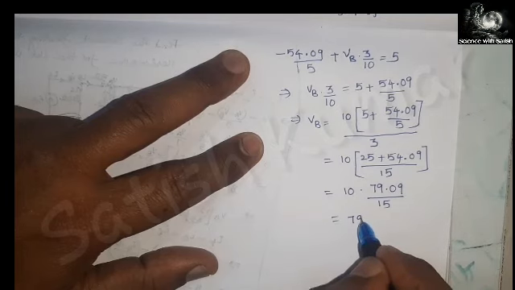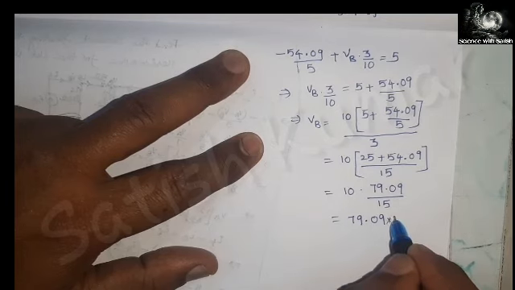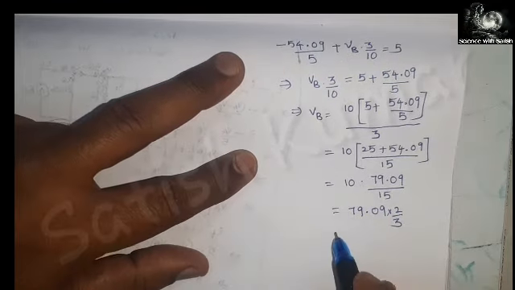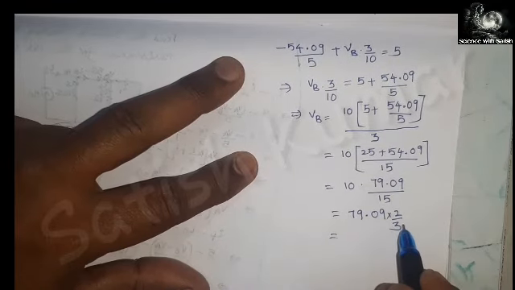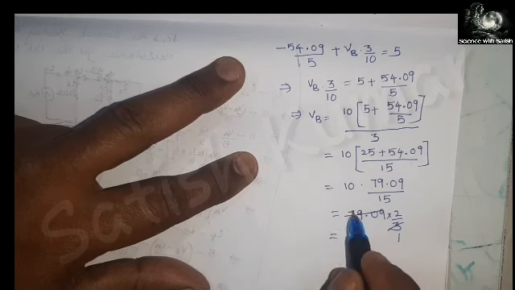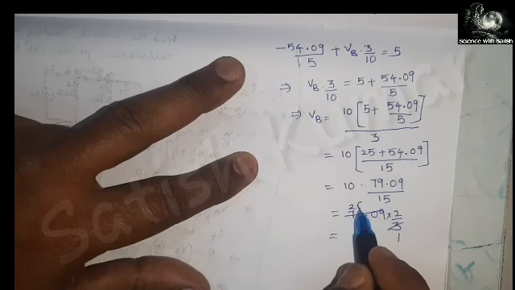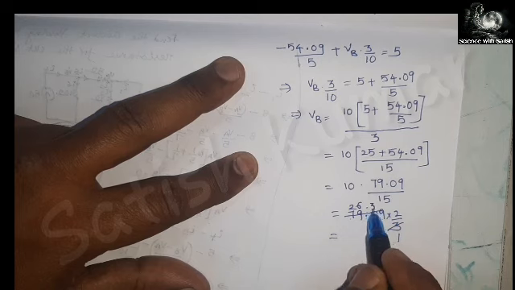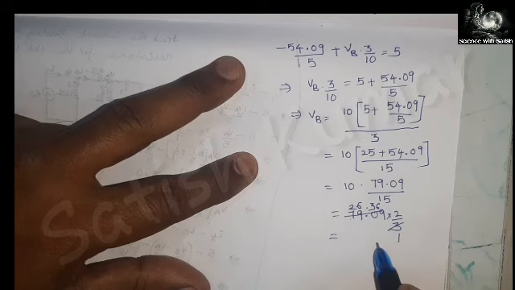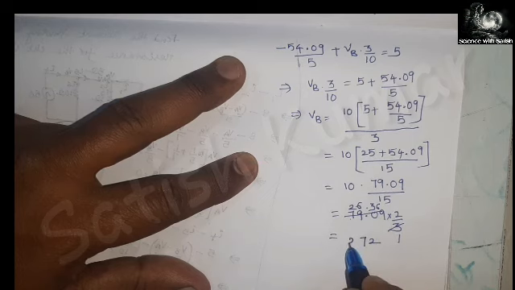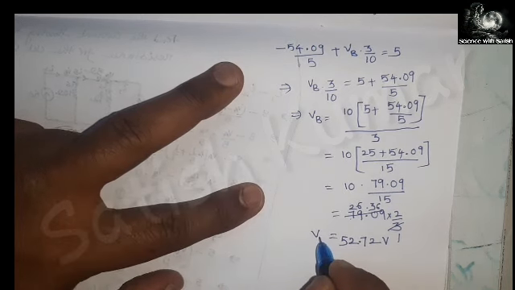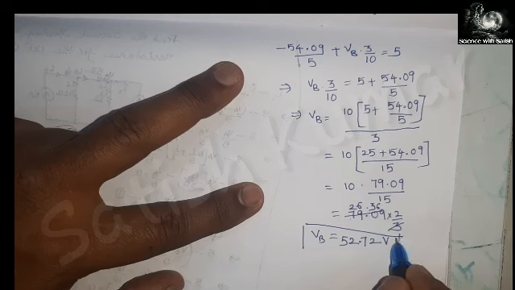So 79.09 into 2 by 3 is equal to, 3 ones are 3, 3 twos are 6, 3 6s are 18, 3 3s are 9, 19, 3 6s are 18. So it will become 2 6s are 12, 2 3s are 6 plus 1 is 7, 2 6s are 12, 52.72 volts. So I got VB as 52.72 volts.